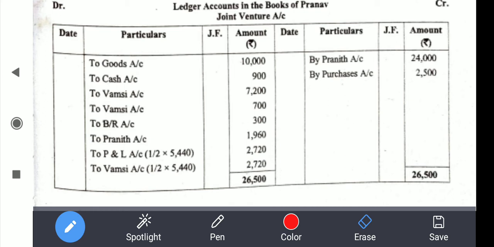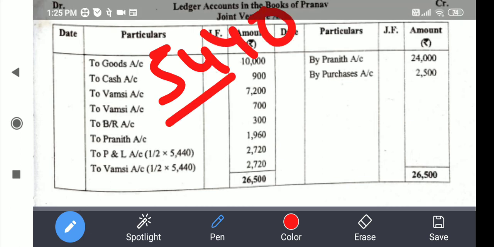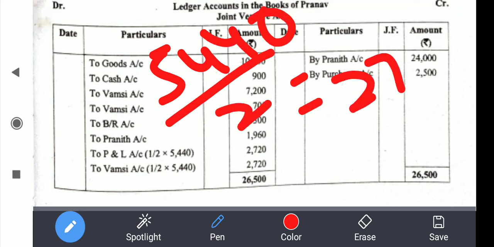In the absence of agreement, the co-venturers distribute their profits equally. So 50 percent goes to profit and loss account, and the remaining 50 percent profit belongs to Vamshi. 5,440 divided by 2 is 2,720. 2,720 is the profit belonging to Pranav and Vamshi account.